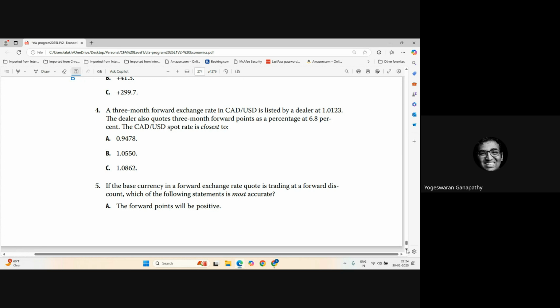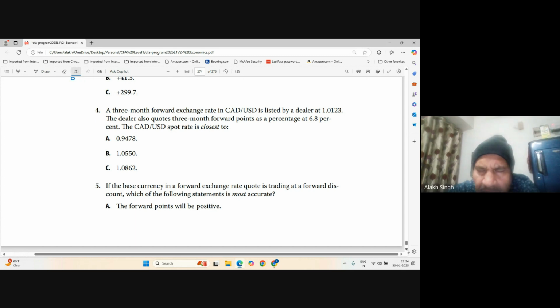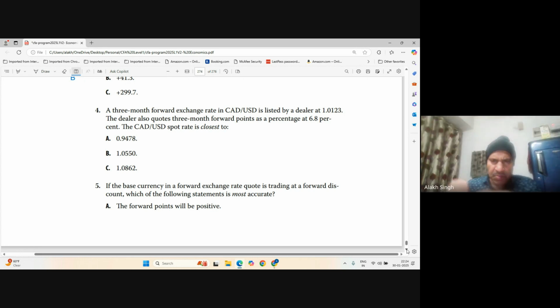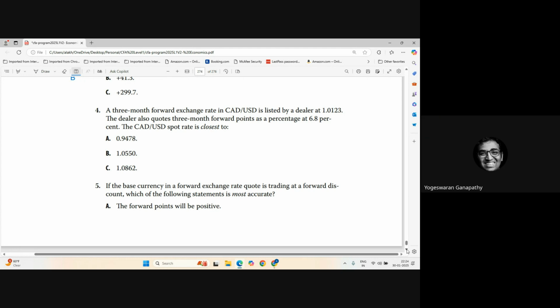So you will have 6.8 divided by 10,000. It is already multiplied, so it is 6.8 divided by 10,000.